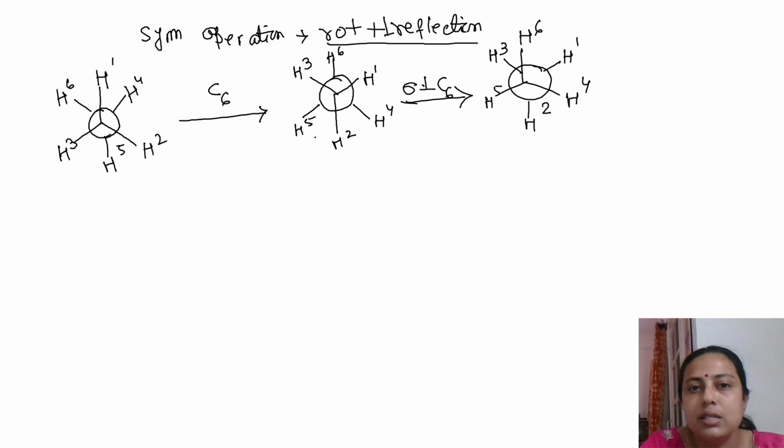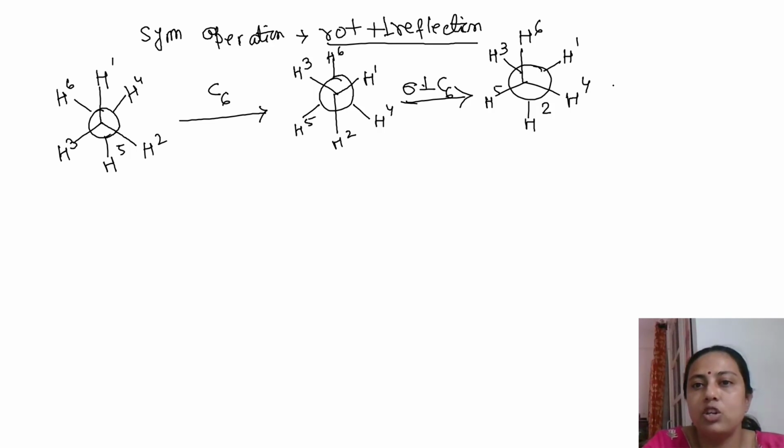Now look here, C6 alone from here to here is not a symmetry operation because that is not producing a structure similar to the original structure. But a combination of C6 and a sigma plane, that is sigma perpendicular to the C6, is producing a similar structure.